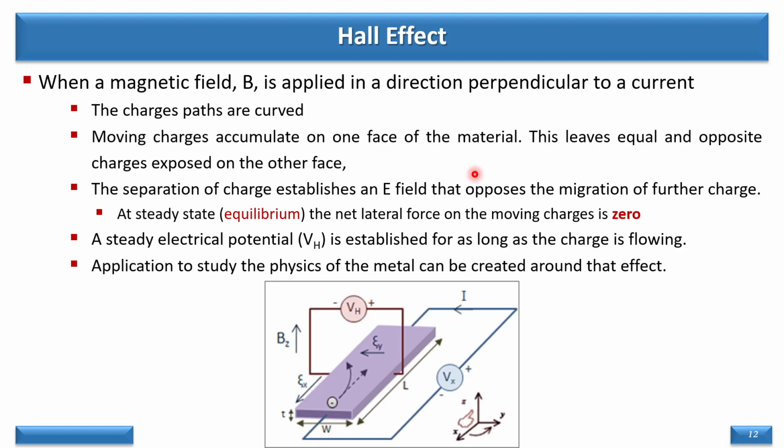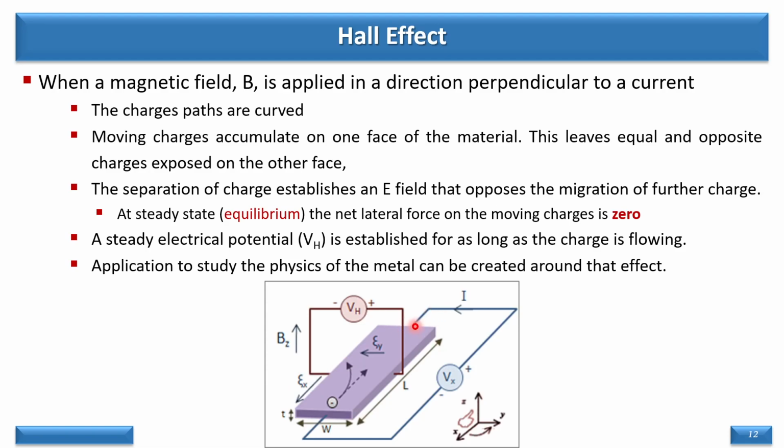Another application that's used in physics for this phenomenon of magnetic force is called the Hall effect. So let us consider this sort of circuit. We have some DC voltage source that is applied on a sheet of metal.